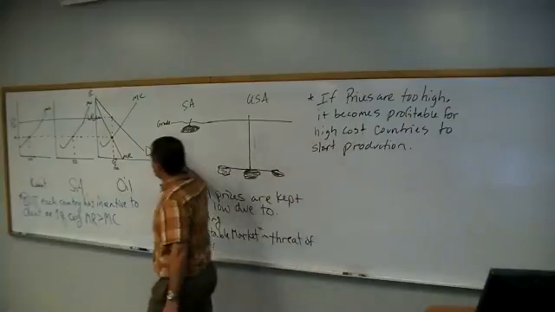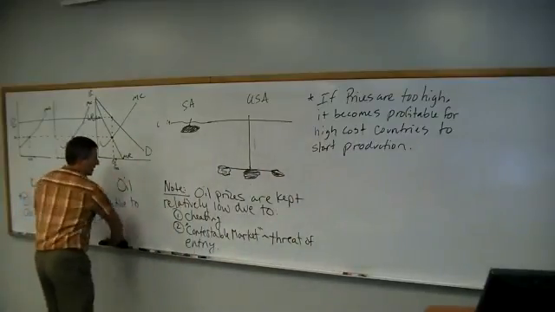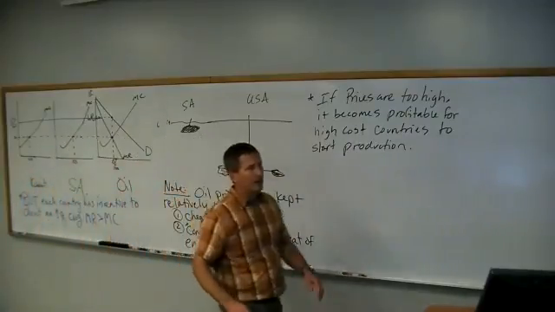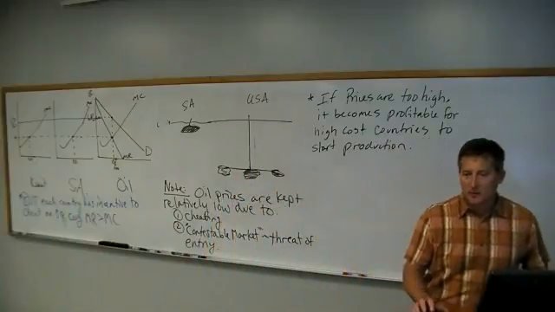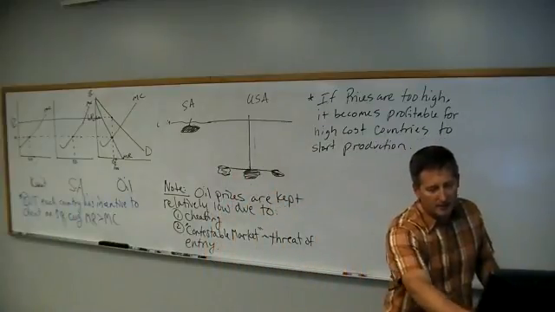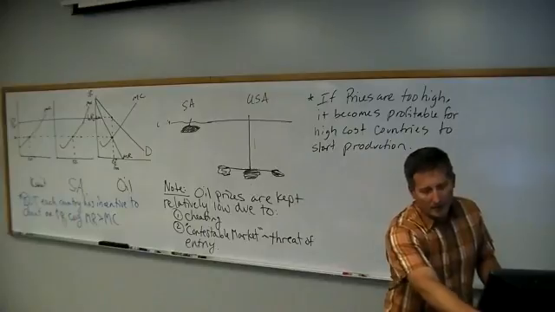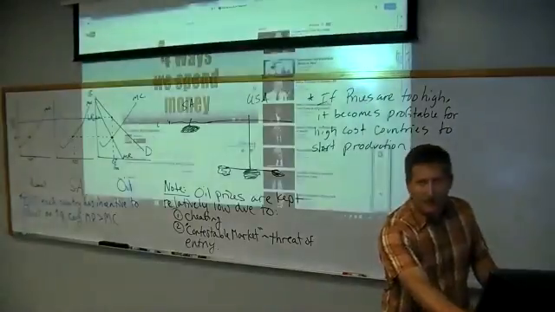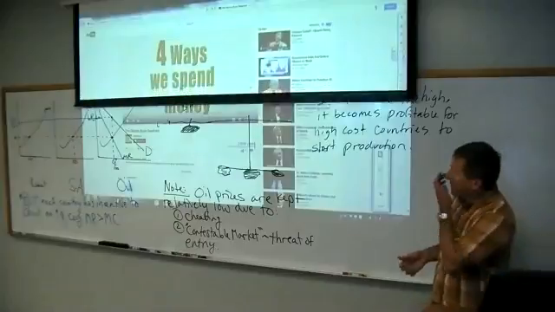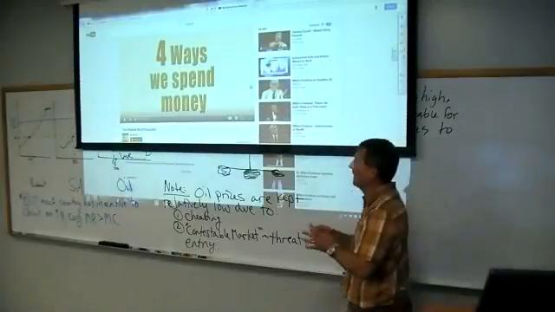Chapter 16 is kind of our introduction into government, and in fact, I'm going to play a little video here that's going to get you thinking about public goods and government spending.